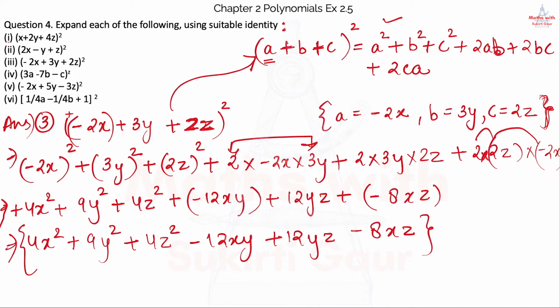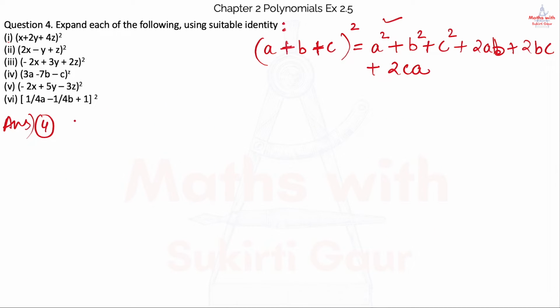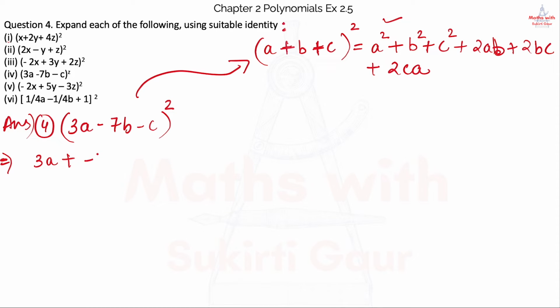Coming on to fourth one. In the fourth part, we have (3a - 7b - c) whole square. Compare it with this. Can I write it as (3a) plus (minus 7b) plus (minus c) whole square?